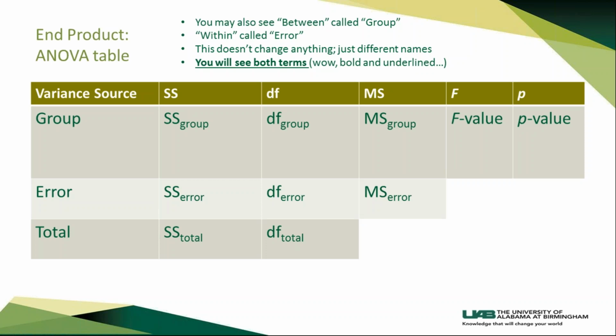Within groups variability, you will also see that as error, with sums of squares error, degrees of freedom error, again, all used interchangeably. Make sure that doesn't throw you off. When you see within, it's the same thing as error. When you see between, it's the same thing as group. You're going to see both of those terms. I stress that, so don't get confused over which is which.